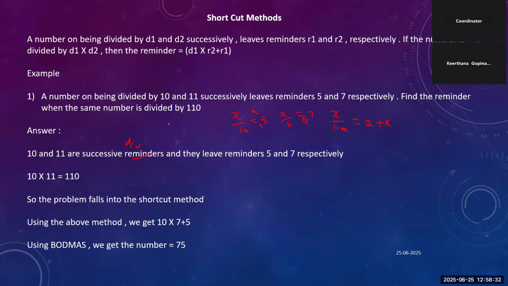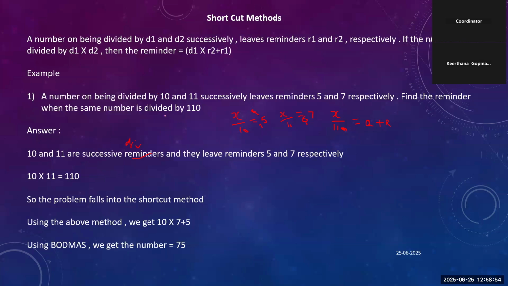What is R2 here? Remainder 2 is 7. So if X is divided by 110, are you getting it? 10, 11, 110. You should relate this.